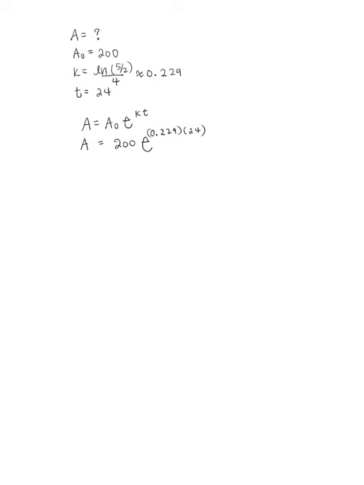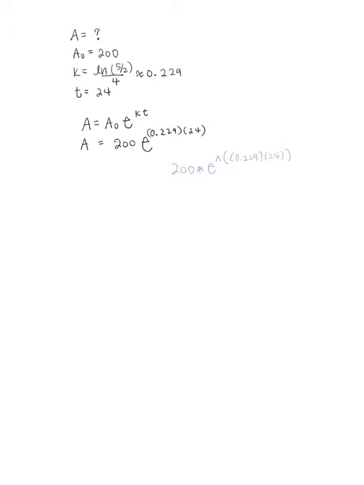Here comes the parentheses to insert your exponent. You can just type in 0.229 times 24, or if you want to be safe, you can put another set of parentheses around 0.229 times 24. Remember, with your graphing or scientific calculator, order of operations matters.